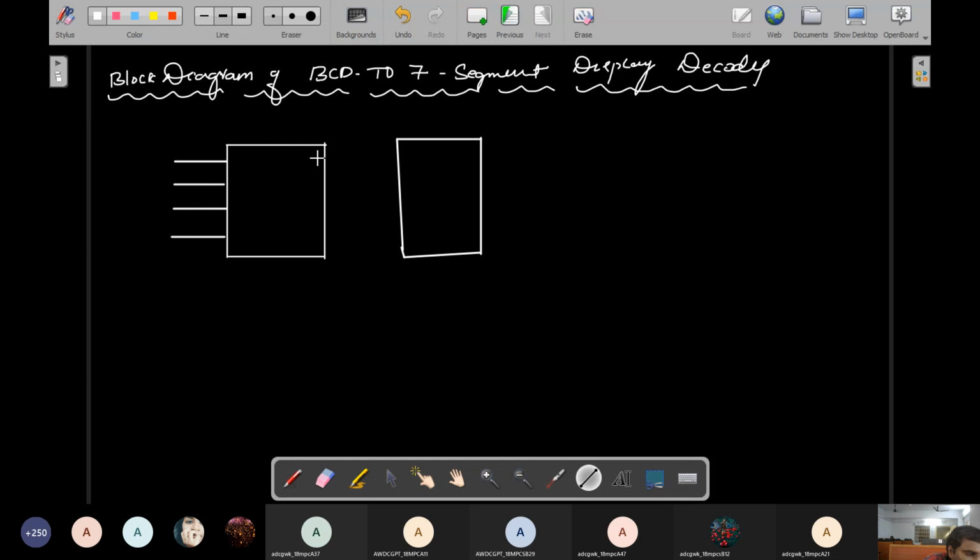They produce 7 outputs: 1, 2, 3, 4, 5, 6, 7. These are the 7 outputs, and we have a logic circuit like so. This is nothing but the display.